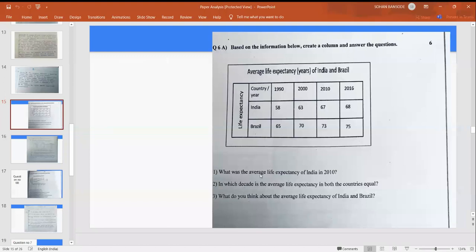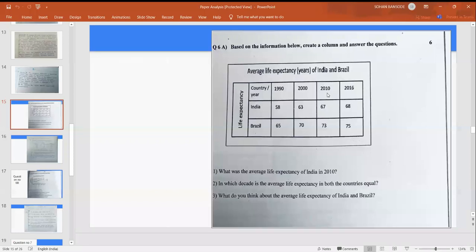What was the average life expectancy of India in 2010? So you just need to look here. Here is 2010, and then India, you just have to locate it over here, that is 67. In which decade is the average life expectancy in both the countries equal? So here we cannot find equal numbers.